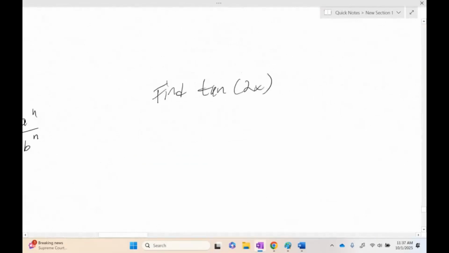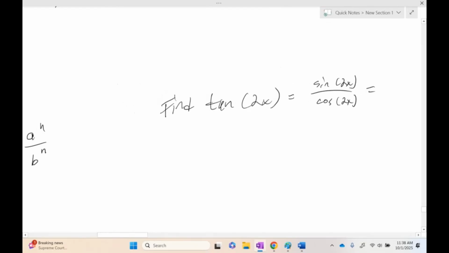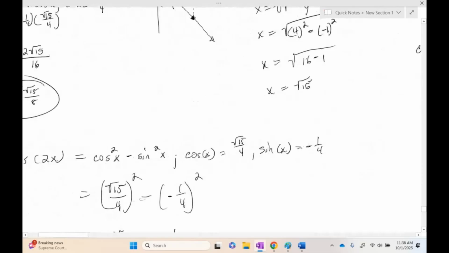So now you can only use this formula if you know the double angle for sine and the double angle for cosine value. So the tangent of 2x is equal to the sine of 2x divided by the cosine of 2x. And we already found the sine of 2x in an earlier step.